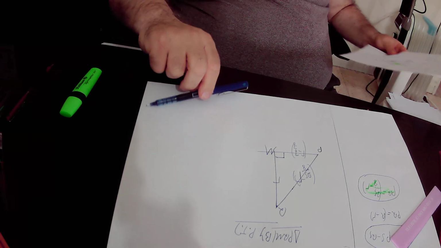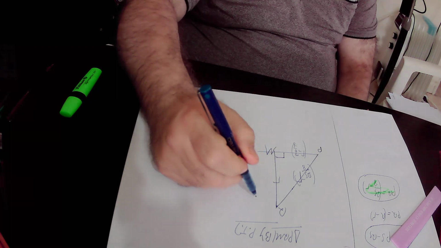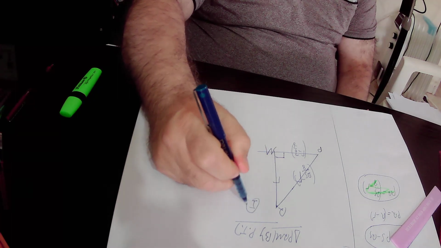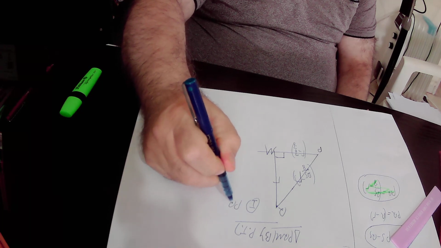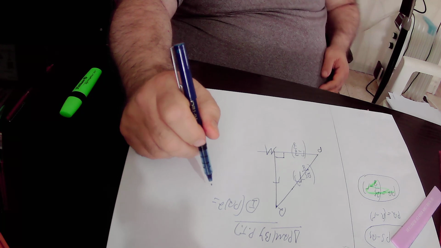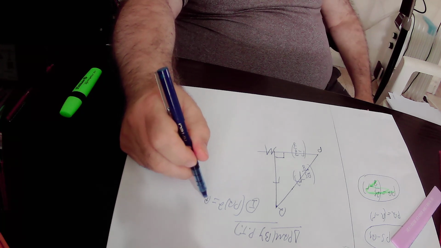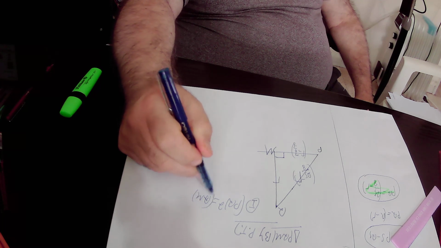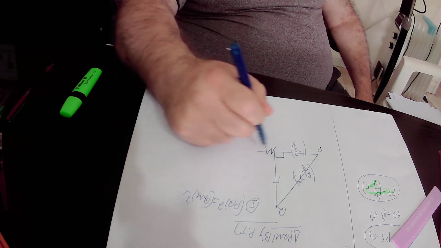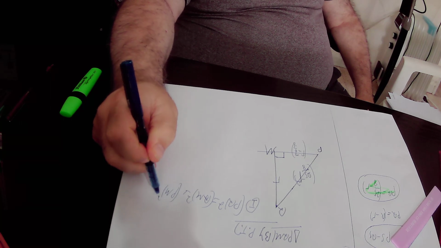So the hypotenuse is PQ, therefore the square of the hypotenuse is PQ squared. And it must be equal to the sum of the squares of the perpendiculars, that is to say, it must be equal to QM squared plus PM squared. Okay?